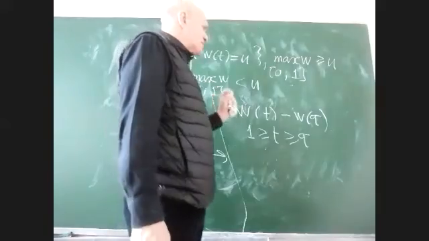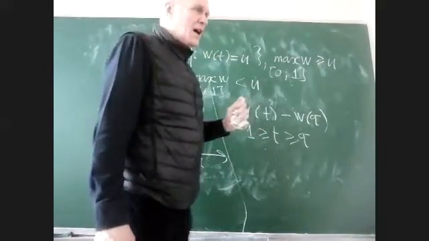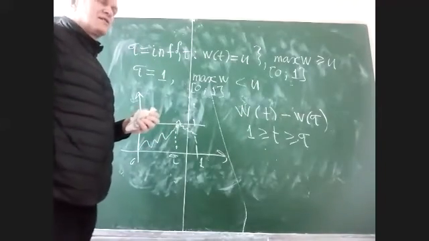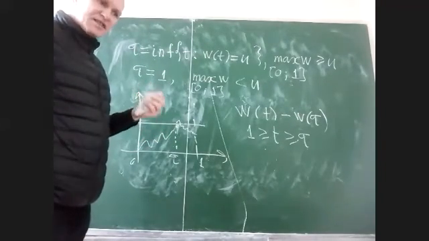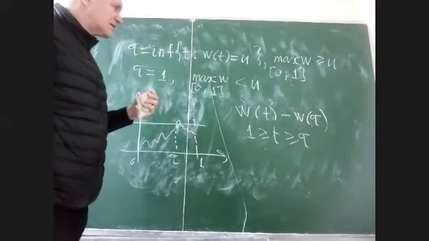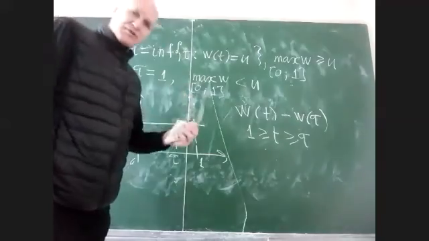This is the so-called strong Markov property of Brownian motion. But it is a rather technical statement, so we don't prove it here, but I will use it.